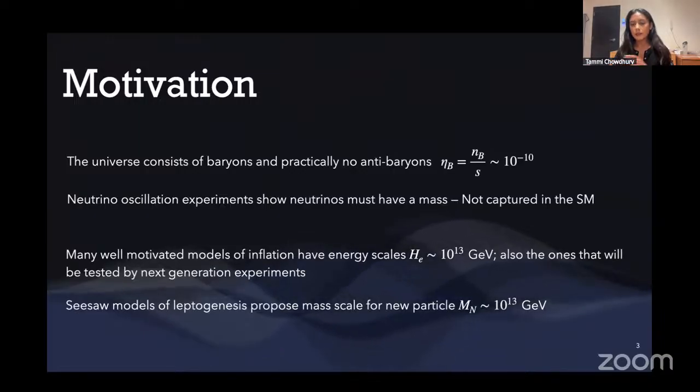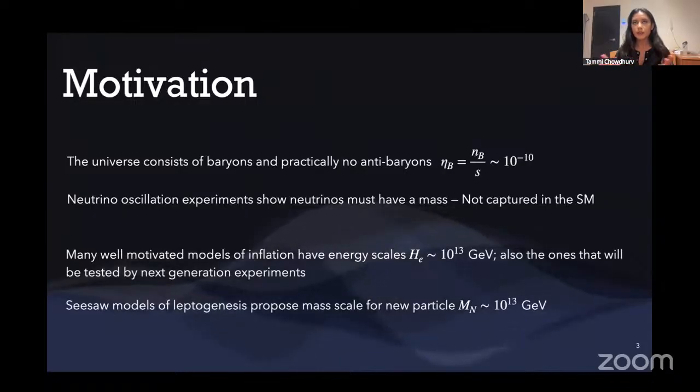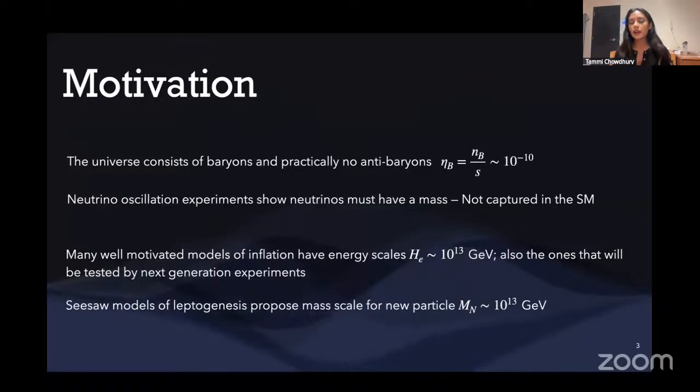But an interesting coincidence in scales that I'll mention that will be relevant for this talk is the fact that inflation, which is probably the most accepted theory of the early universe, for many well-motivated inflation models, the energy scales are about 10 to the 13 GeV. And this is also a scale that is projected to be tested in future CMB experiments.